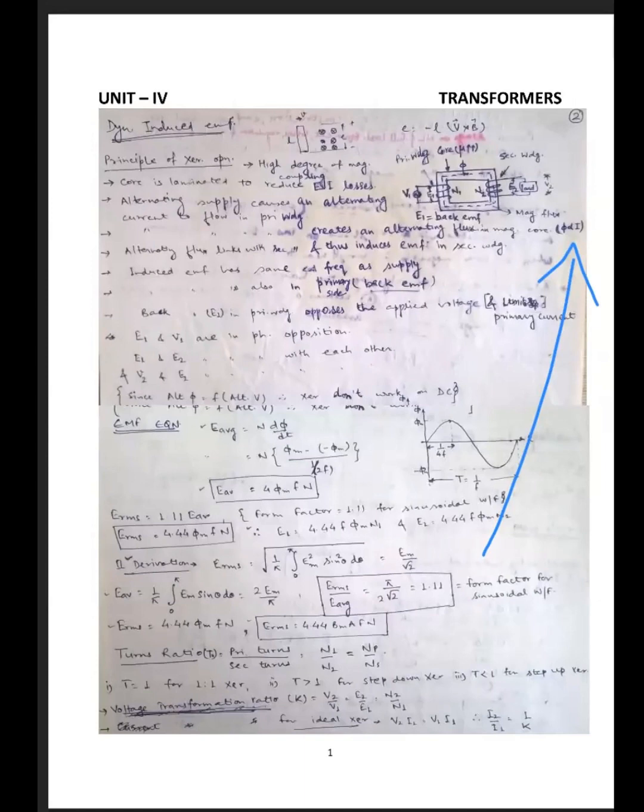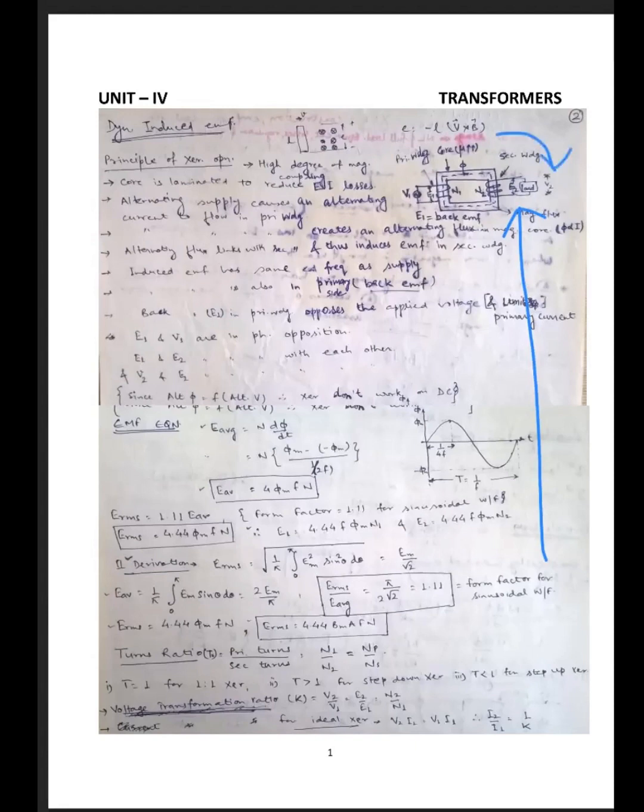So this alternating flux is linked with the secondary winding, and again there is a relative motion, and when there is a relative motion, the EMF of the secondary side is produced, and if the load is connected, then the voltage V2 is developed across the secondary side.